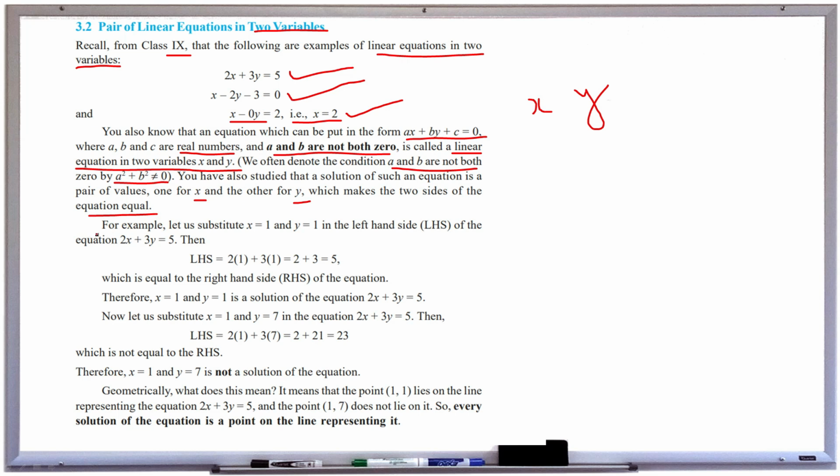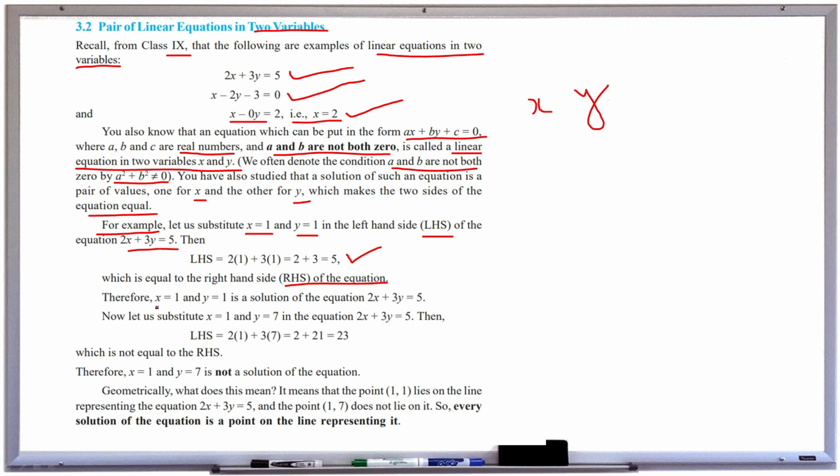For example, let us substitute the value x is equal to 1 and y is equal to 1 in the left hand side of the equation 2x plus 3y is equal to 5. Instead of x you put 1, instead of y you put 1, and you will get the answer 2 plus 3 is equal to 5, which is equal to the right hand side of the equation.